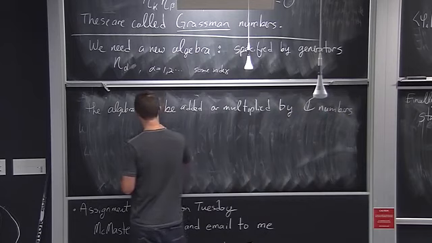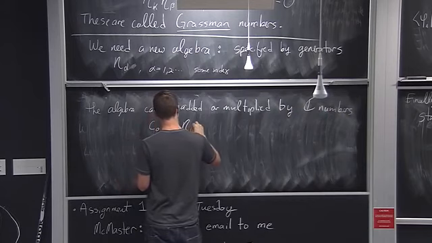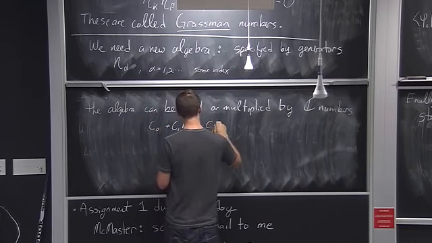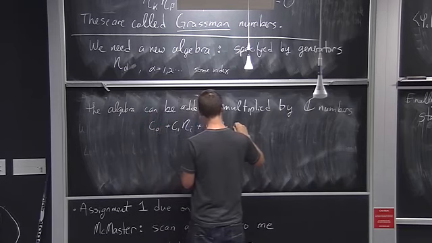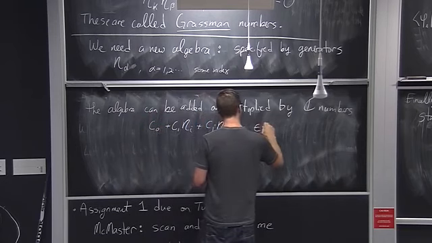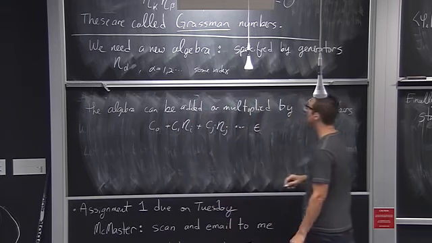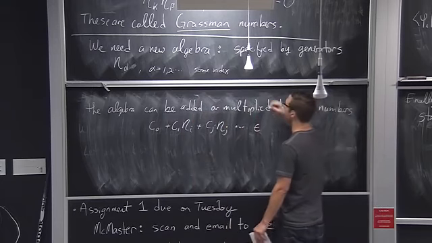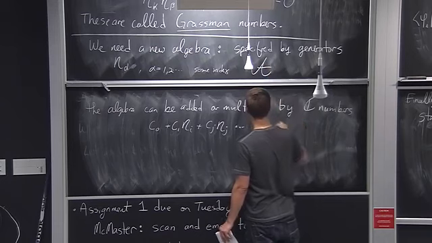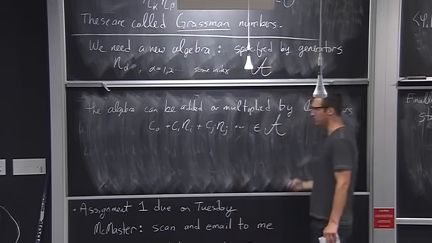Okay, so the C's are complex numbers. If I have all these generators, I stay within this algebra, so it's still an element of the algebra.